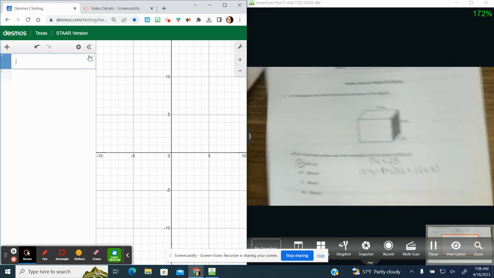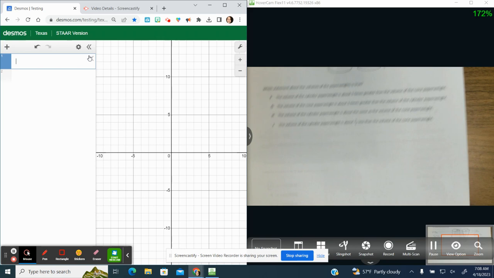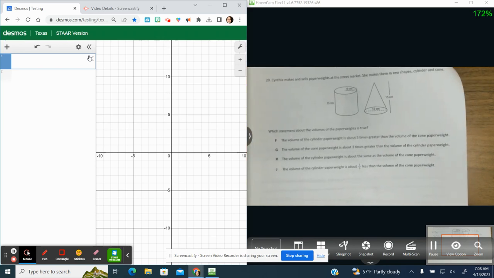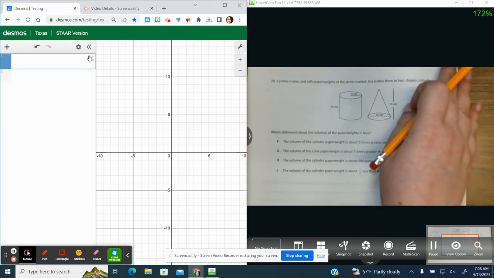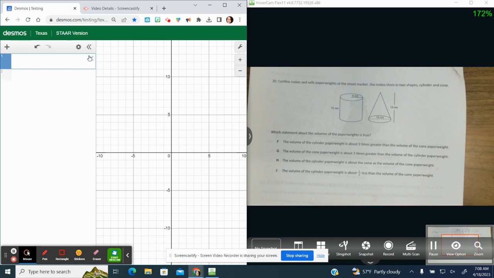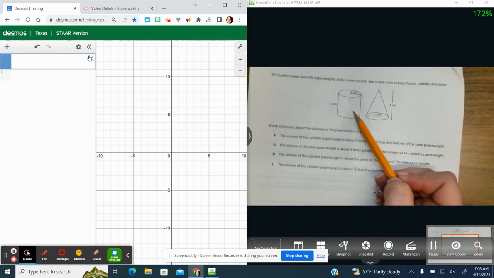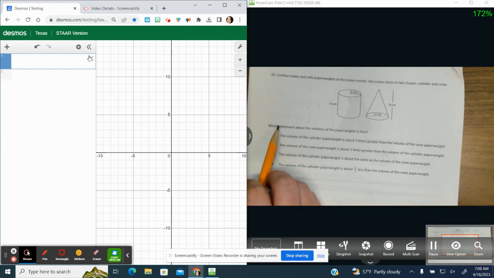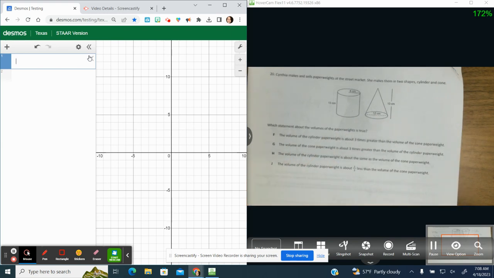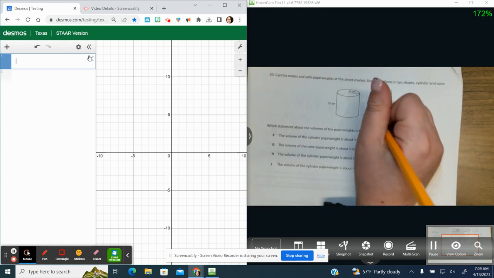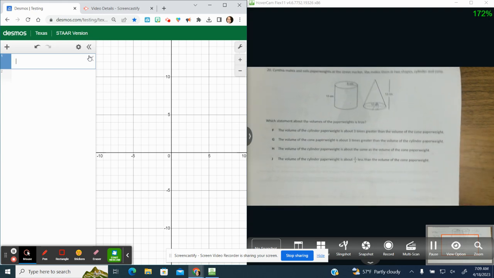Number 20 says Cynthia makes and sells paperweights at a street market. She makes them in 2 shapes, a cylinder and a cone. Which statement is true about the volumes of the paperweights? Well, this radius would be 6 as well.